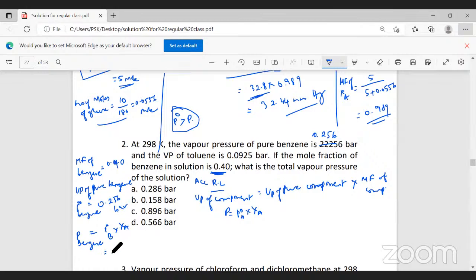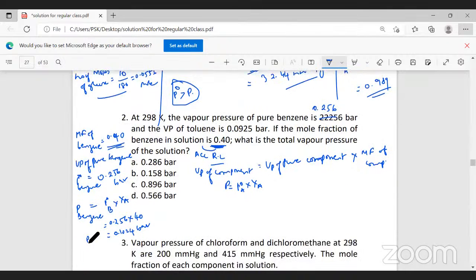The vapor pressure of pure benzene is 0.256, and the mole fraction of benzene is 0.40, so multiply 0.256 by 0.40. You will get 0.1024 bar. This is not the vapor pressure of pure benzene, but the partial vapor pressure of benzene in the solution.